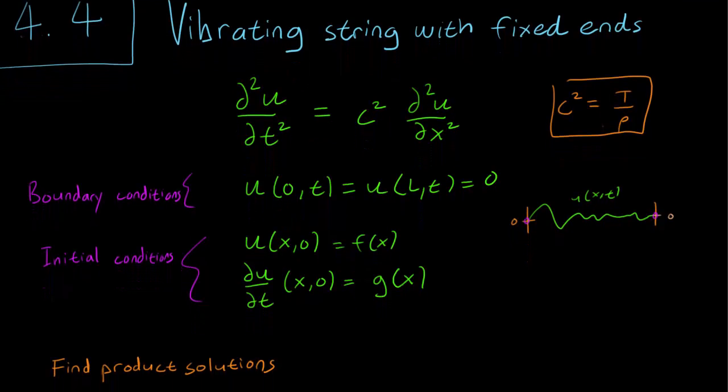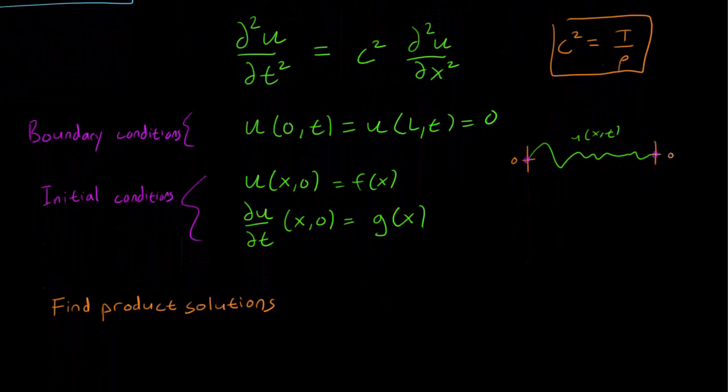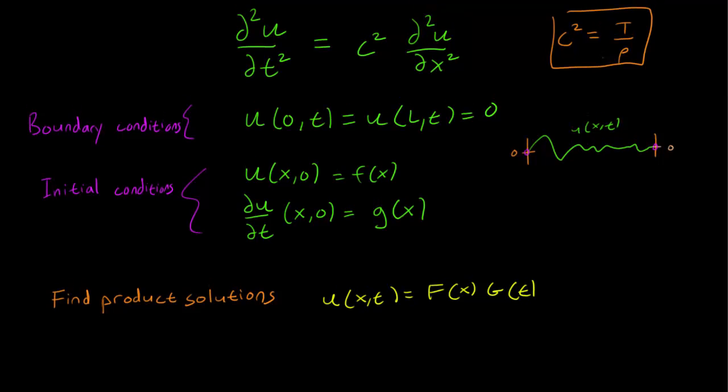The first step, once more, is to find the product solutions. These are going to be written in the form u(x,t) equals f(x)g(t). Now we plug them in to our vibrating string equation, and we obtain f(x) times the second derivative of g with respect to t equals c squared times the second derivative of f with respect to x times g(t).